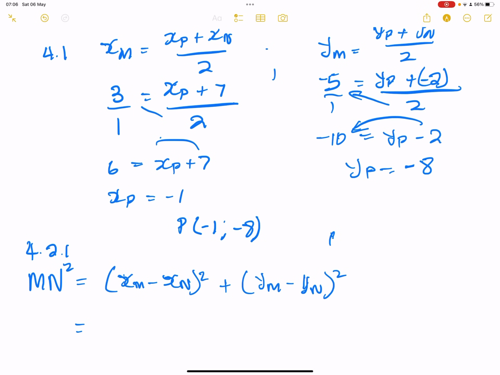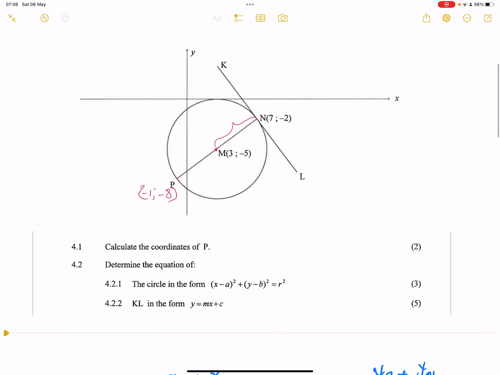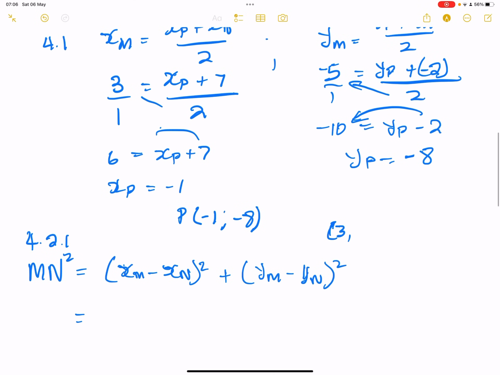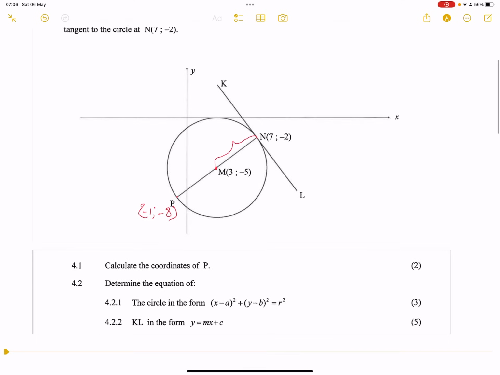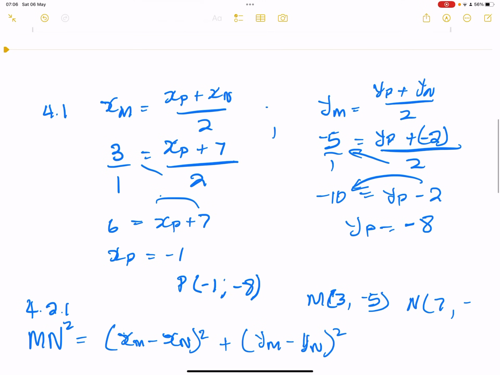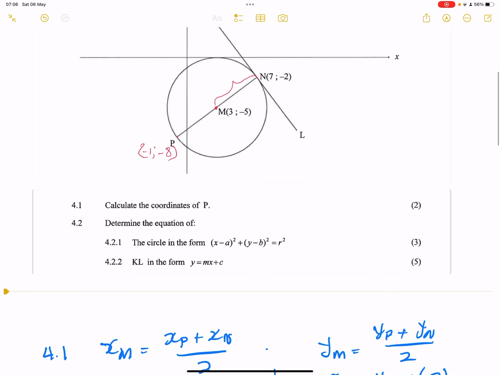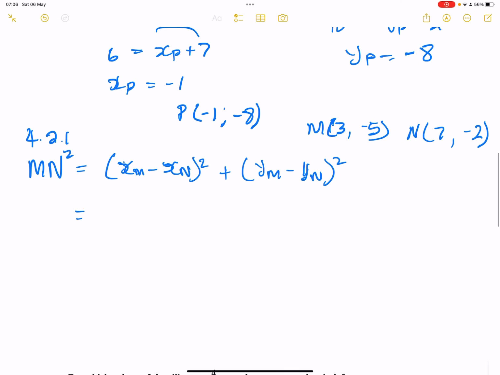The coordinates of M, we said, are (3, -5), and for N, we said that's (7, -2). I'm just checking if I've got that correctly.